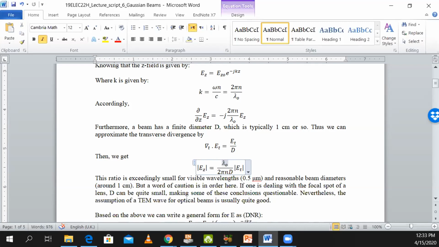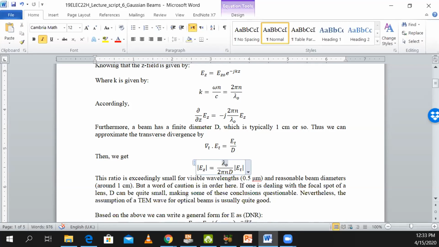Okay, what about the denominator in this equation? 2 and pi are constants. n is the refractive index, which is 1 point something, maybe 2, maybe 3, some digital number. And what about d? d is the diameter of the beam. Usually this beam diameter is recognized by eye, so its diameter may be something like a centimeter or a millimeter.